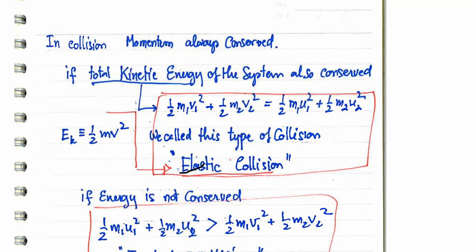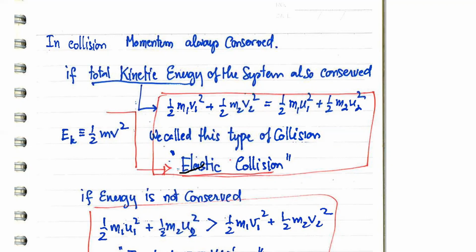So let me bring it in and use it right here first. The kinetic energy of an object can be defined by using the formula 1/2 mv squared. This is the definition of the energy.